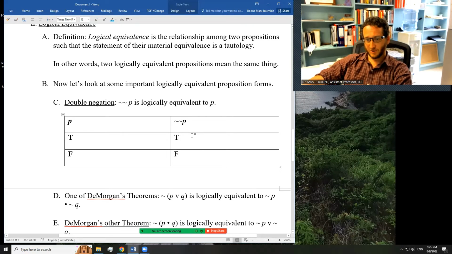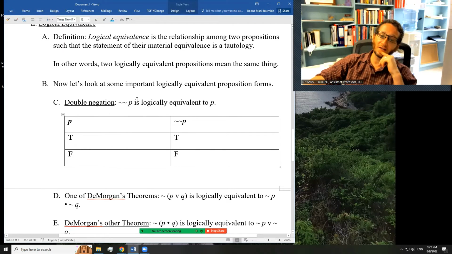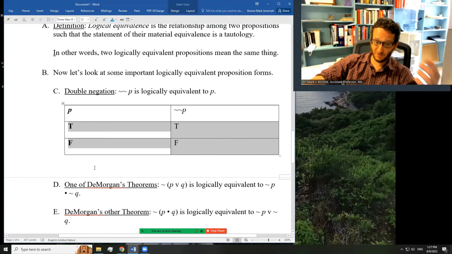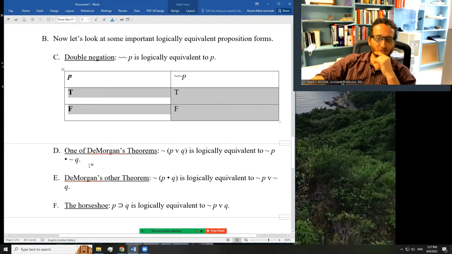Now, if we wanted to, we could put in extra columns here. We'd have a TF for the P column, and then an FT for the tilde P column, and then a TF for the tilde tilde P column. Anyway, the point is, a proposition and its double negation mean the same thing because they're always true and they're always false in the same circumstances. Now, P wedge Q De Morgan's.